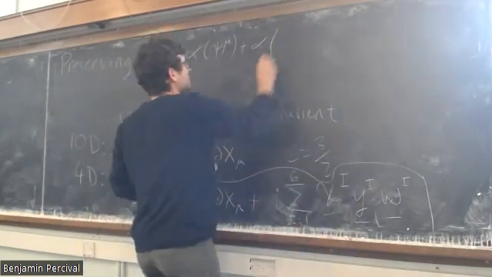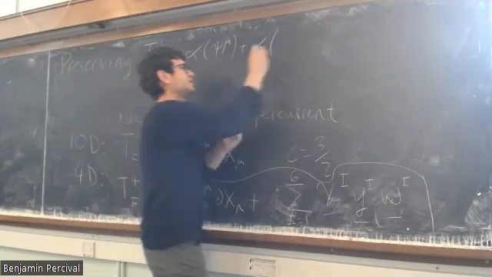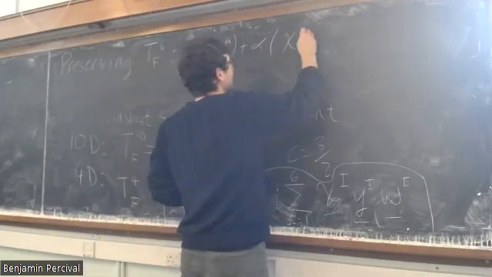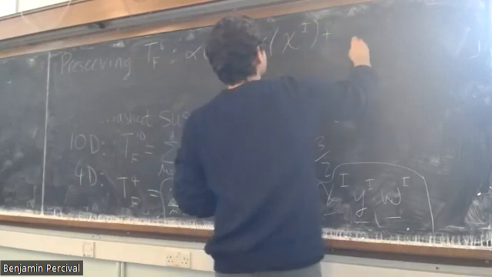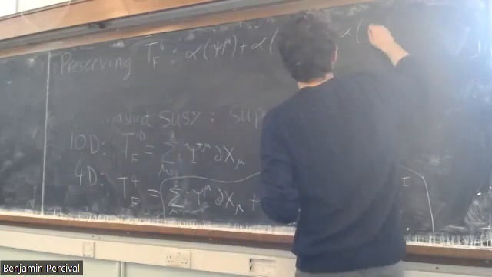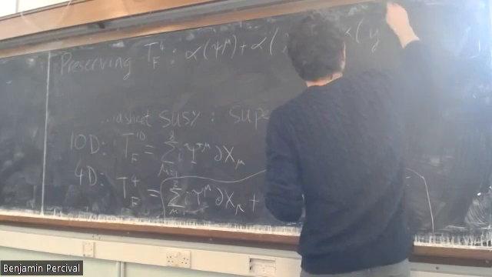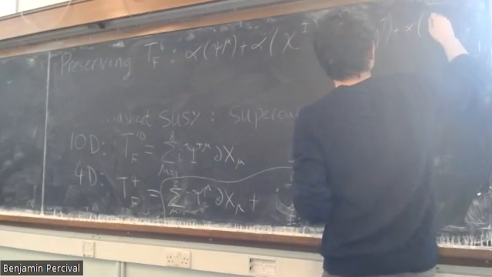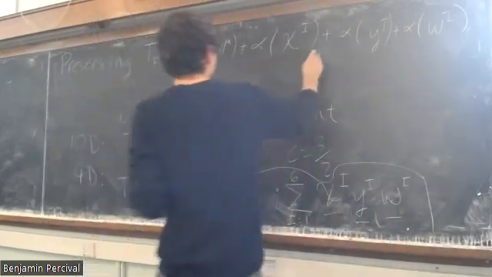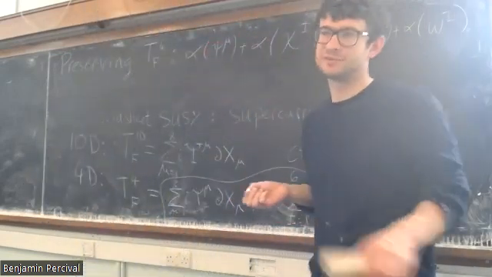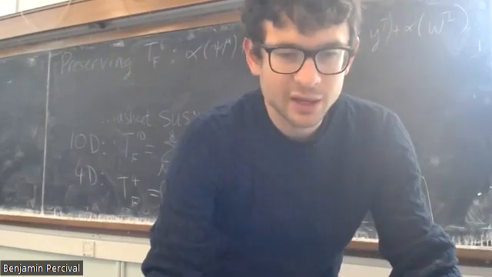So the boundary condition of psi mu plus alpha of chi i plus alpha of y i plus alpha of w i should be even. Okay.